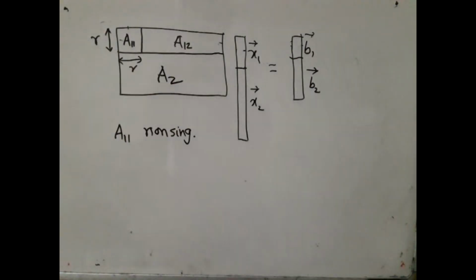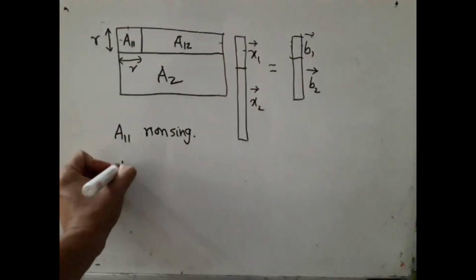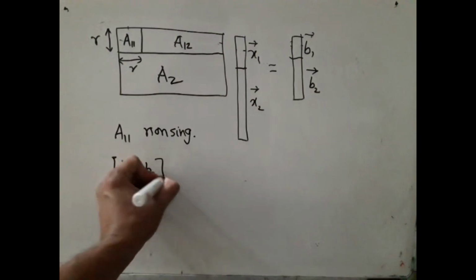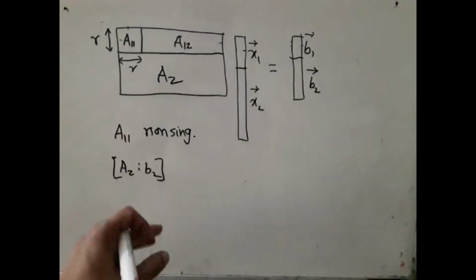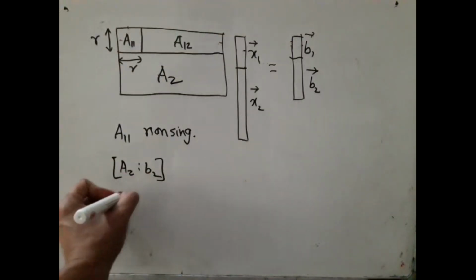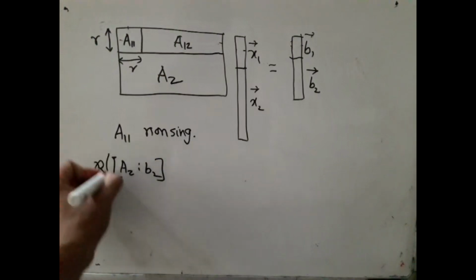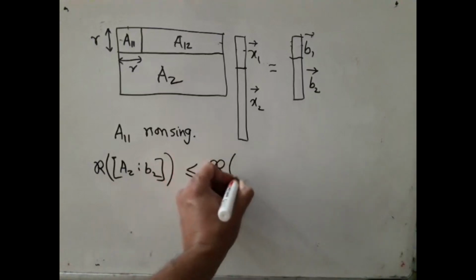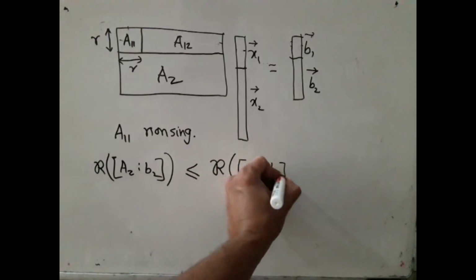And I say that this part, that is A2, B2, brings no fresh contribution, so this part just belongs to the span of the top part. So I can write it in this way, that the row space of this is inside the row space of A1, B1.